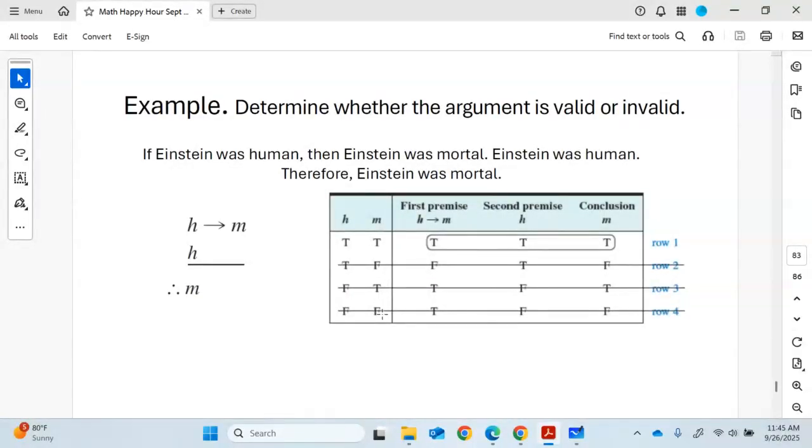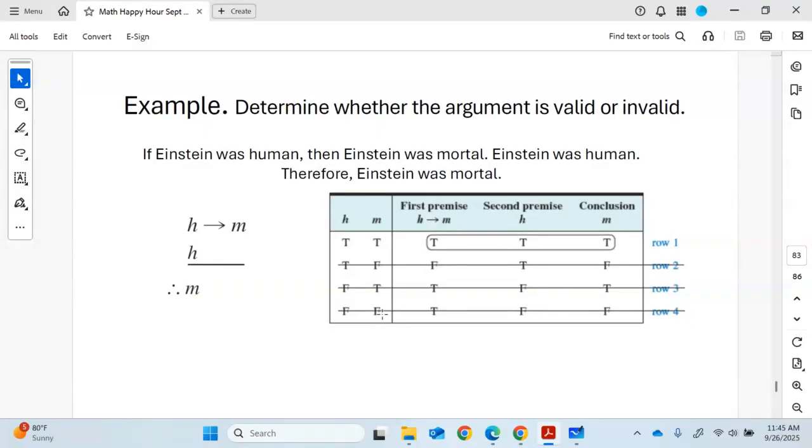An example of this would be the following. It says, determine whether the argument is valid or invalid. And I went back to the example that I started with. If Einstein was human, then Einstein was mortal.